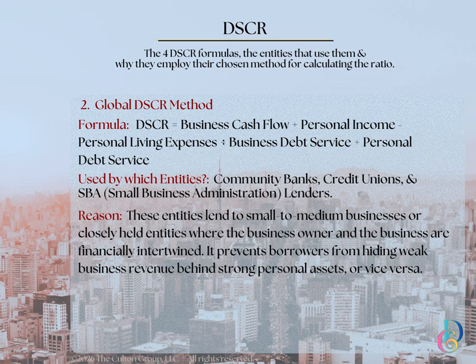they lend to small to medium-sized businesses or closely held entities where the owner and the business are financially intertwined. They aren't keeping their finances separate. So it prevents borrowers from hiding weak business revenue behind strong personal assets, or, reverse that, from hiding weak personal assets behind a strong business revenue.